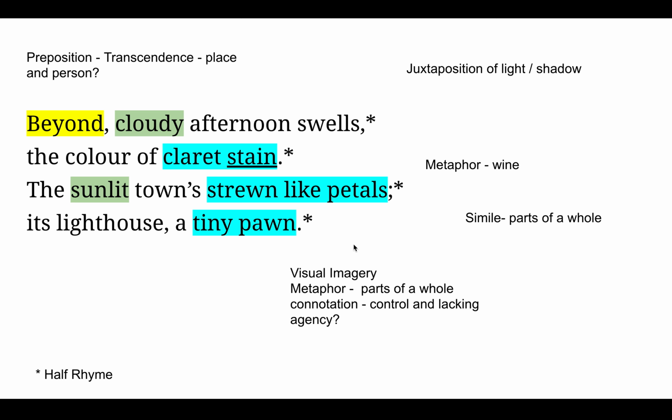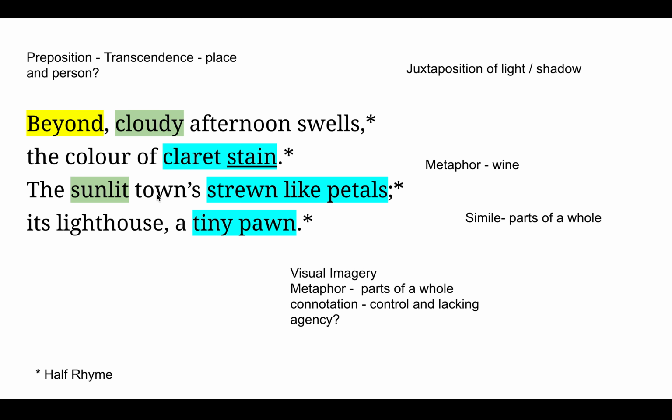But what I liked about strewn like petals to describe the town, and the pawn to describe the lighthouse, and then the wine to describe the cloudy afternoon swells, is this interchange. So in the first stanza, you've got a metaphor where Gray is using a man-made item, wine, to describe nature.